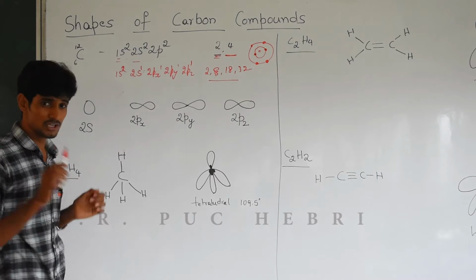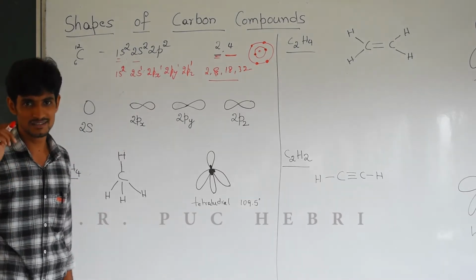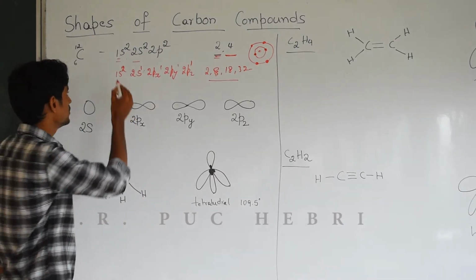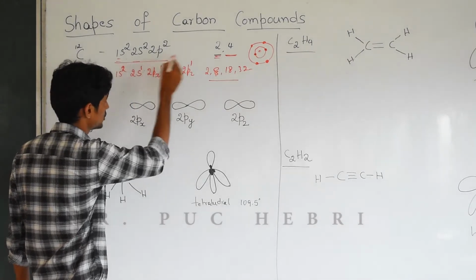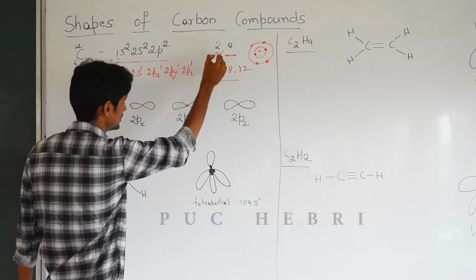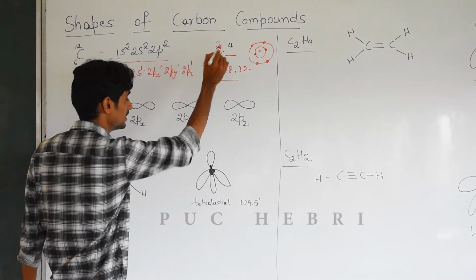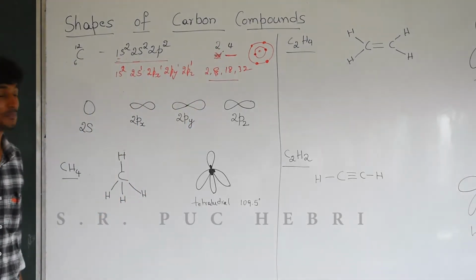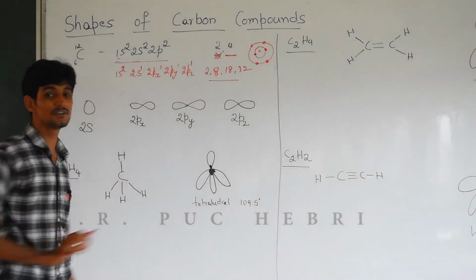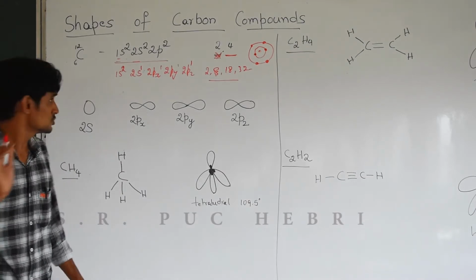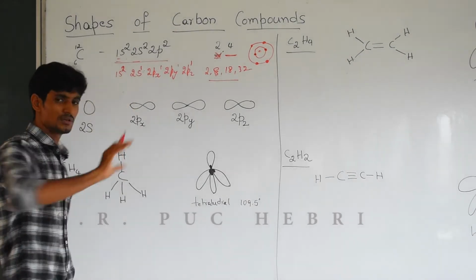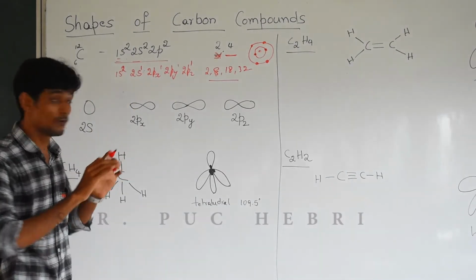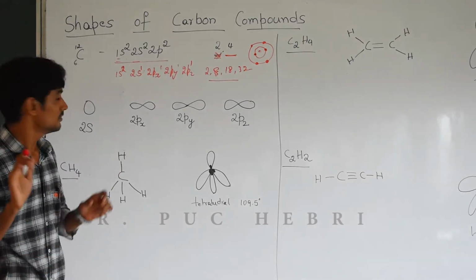So whenever you are writing electronic configuration in PUC, make sure that you write like this, not this one. This is the correct format, but the other is not accepted in PUC because we want more specific answers. Okay, so now don't apply these things for the rest of the elements.